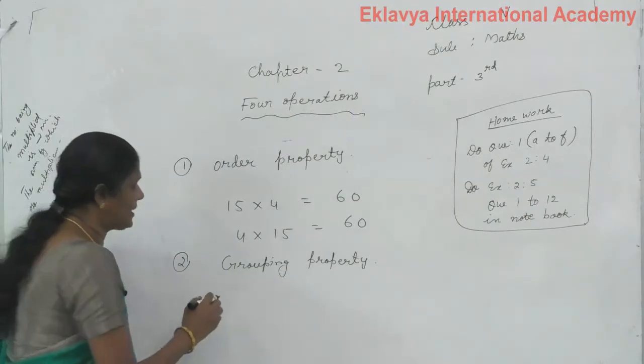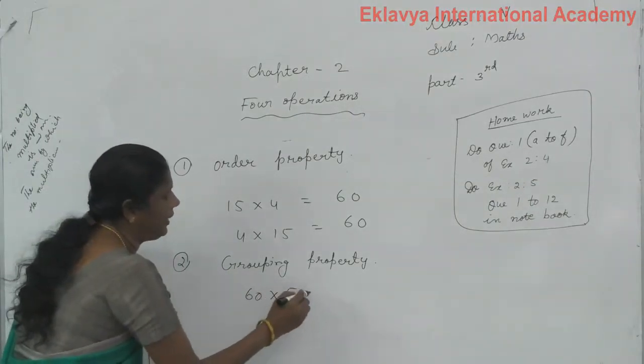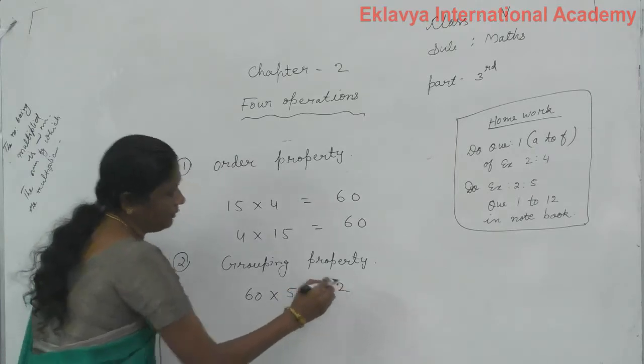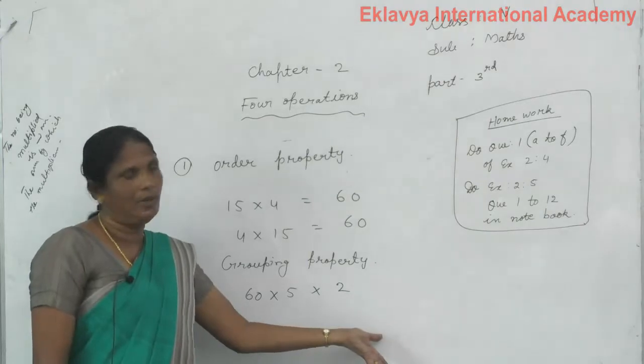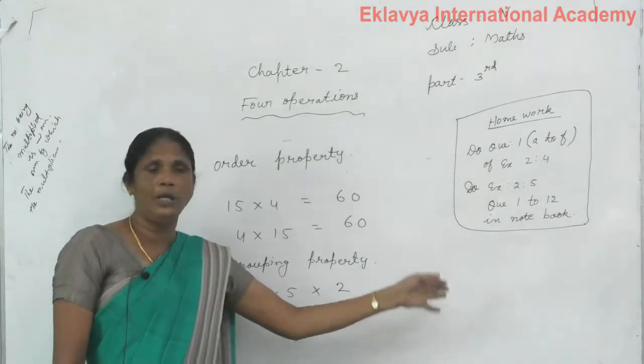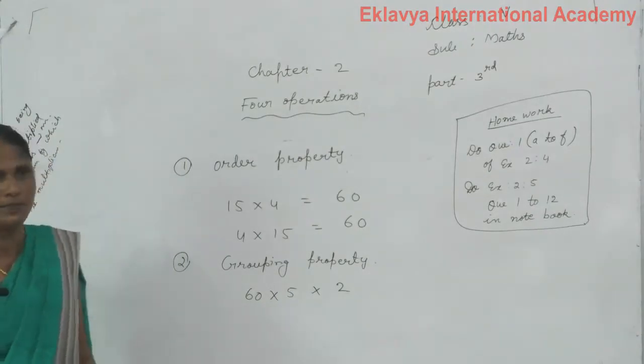That is, for example, 60 multiply 5 multiply 2. Three or more numbers multiplied in any order, the result is not changed.